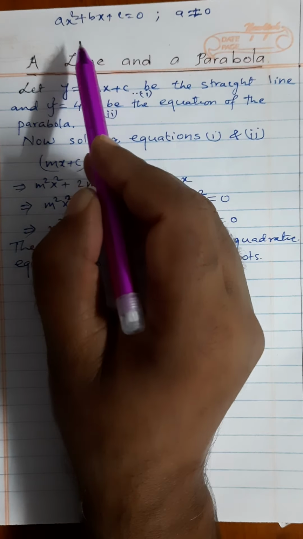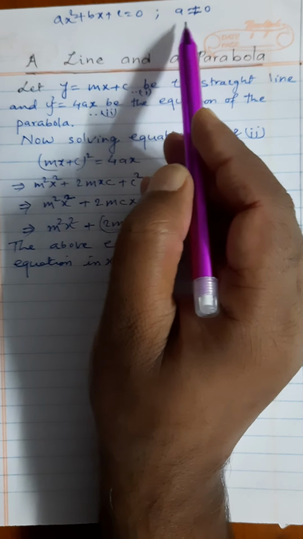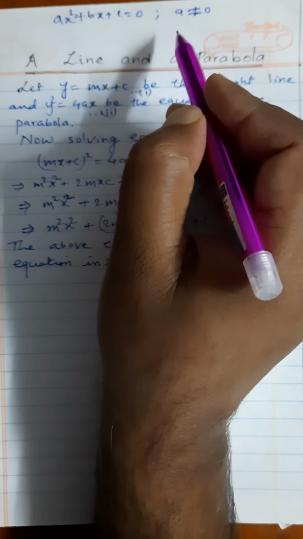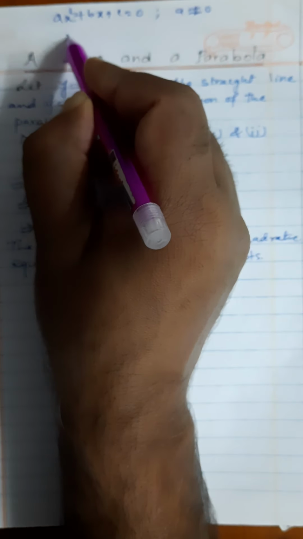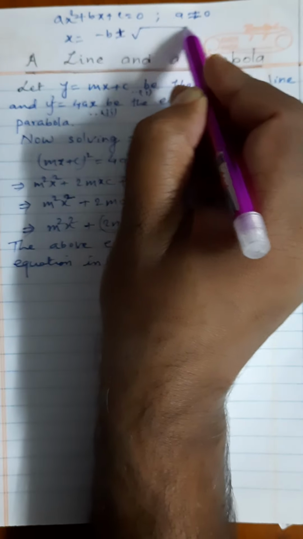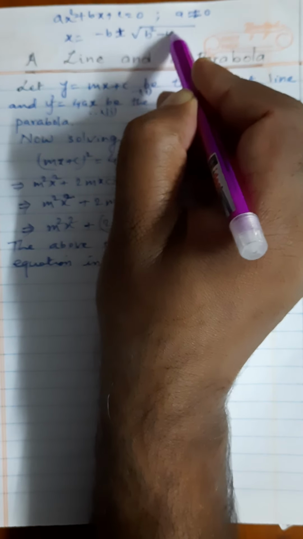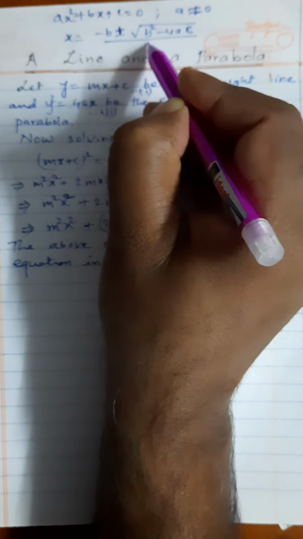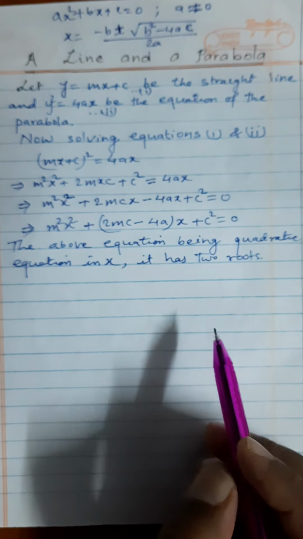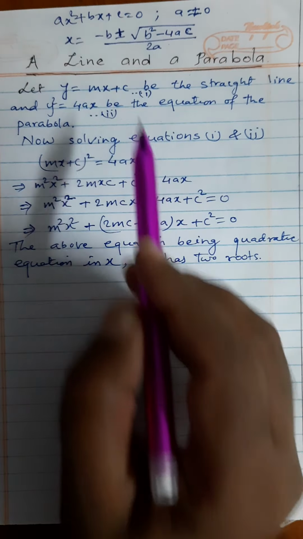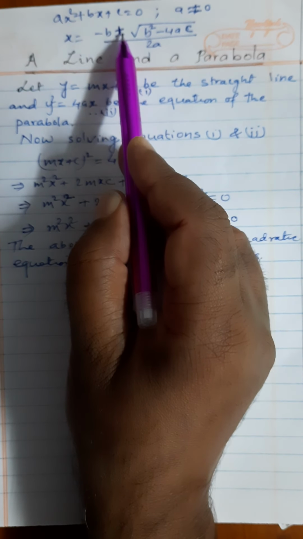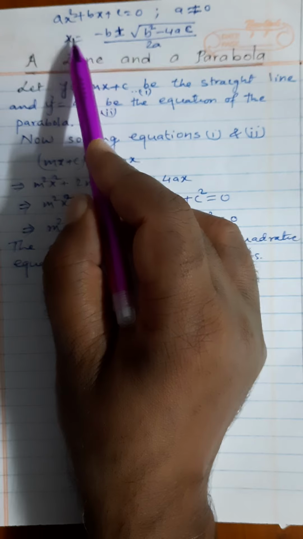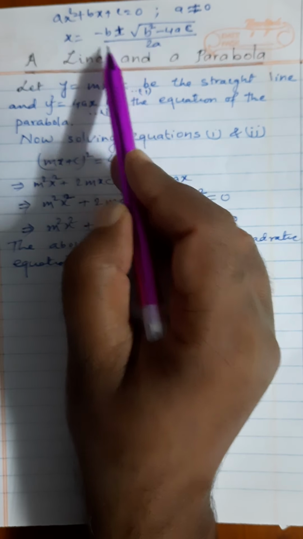Here ax square plus bx plus c equals 0, a not equal to 0, has two values of x. That x formula is minus b plus or minus root over b square minus 4ac, over 2a. Here it has two roots. Taking the positive sign we get one value of x, taking the negative sign we get another value of x.